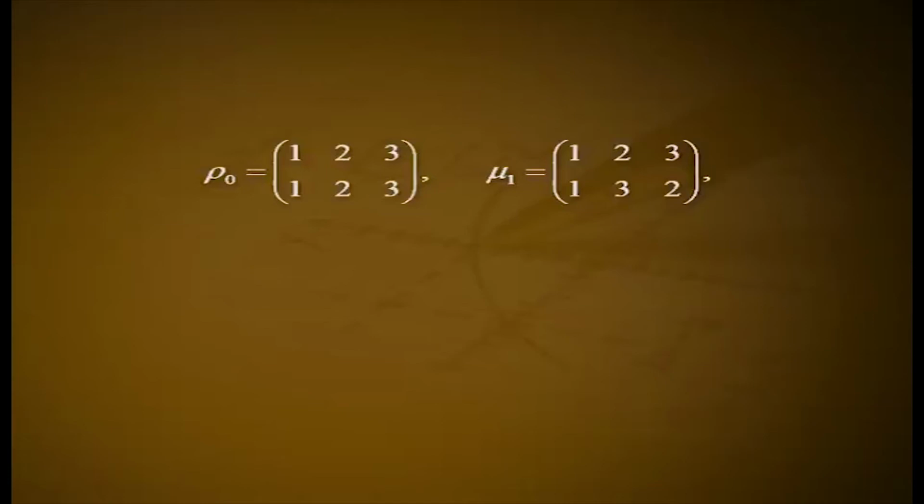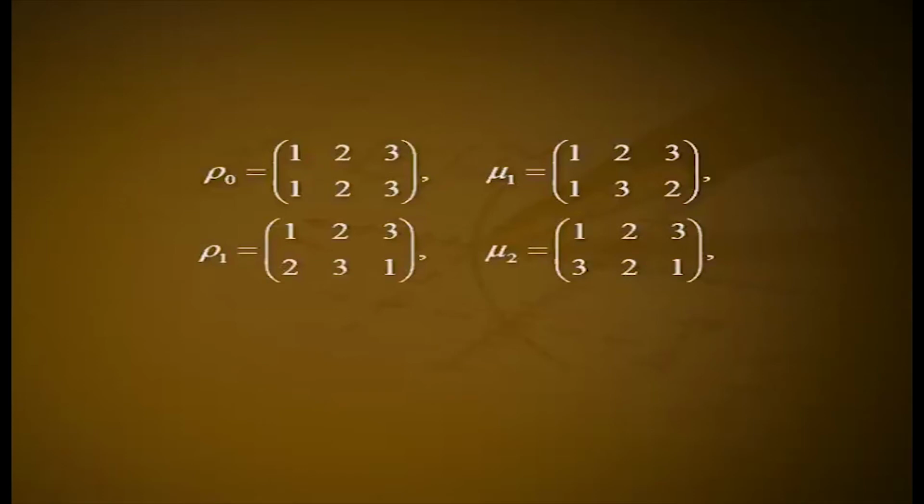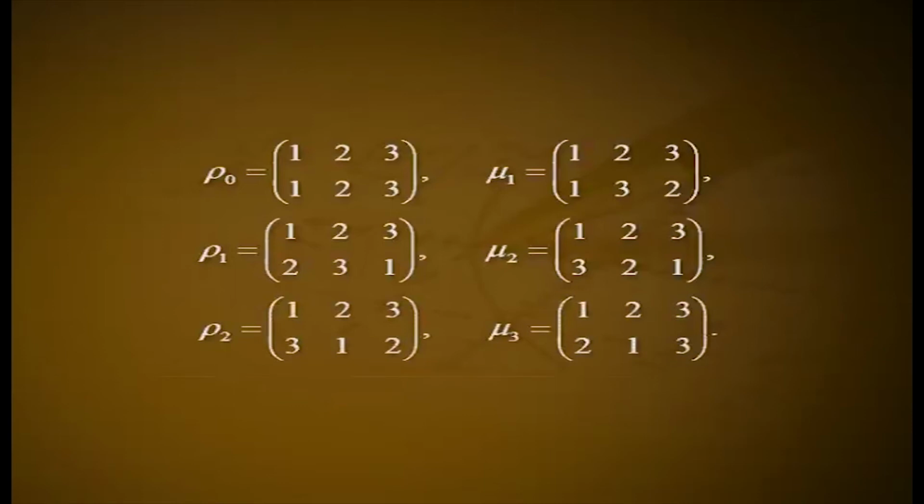Mu 1 is equal to 1 to 1, 2 to 3, 3 to 2. Rho 1 is equal to permutation 1 to 2, 2 to 3, 3 to 1. Mu 2 is equal to permutation 1 to 3, 2 to 2, 3 to 1. Rho 2 is equal to permutation 1 to 3, 2 to 1, 3 to 2. Mu 3 is equal to permutation 1 to 2, 2 to 1, 3 to 3.